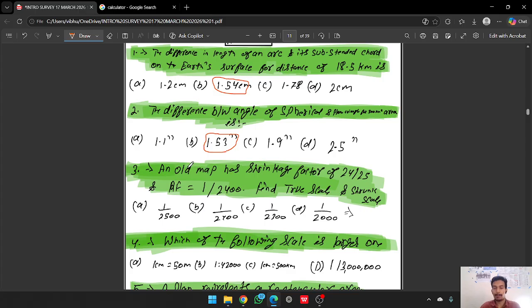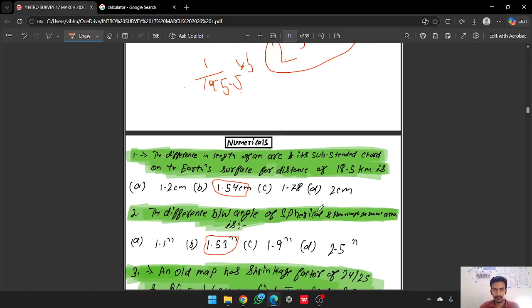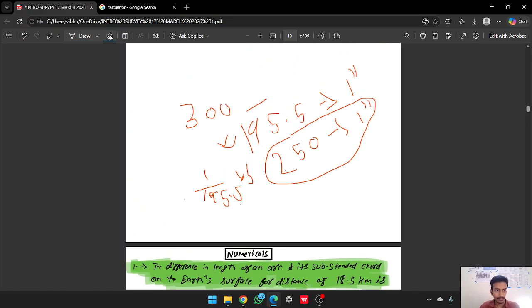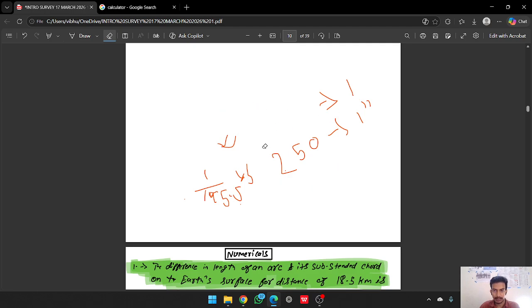The old map has shrinkage factor of 24 upon 25, and RF is equal to 1 upon 25. Find true scale and shrunk scale.